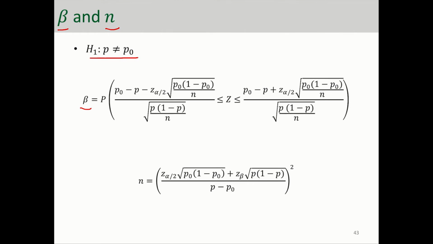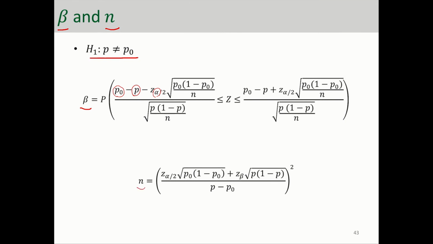As you can see, the parameters that we have here are the hypothesized proportion, and you have to have an estimation of the true population proportion. That's what we need to calculate beta, or probability of type 2 error. And we have alpha here. So everything else is basically the same parameters.